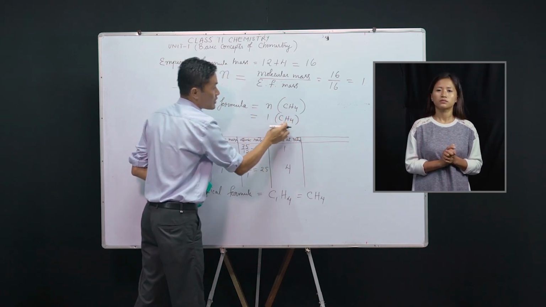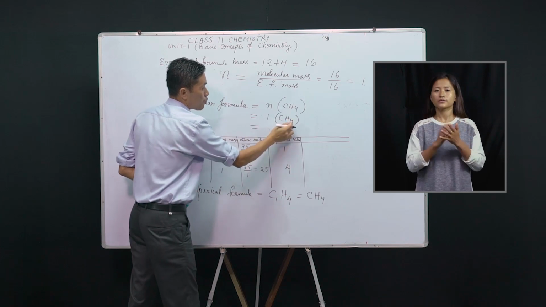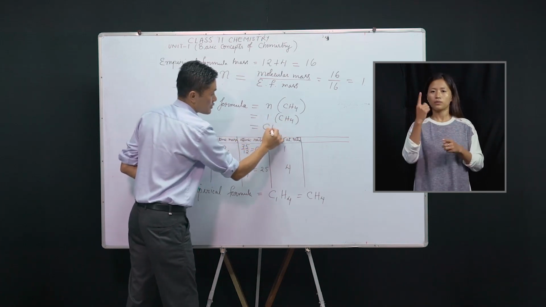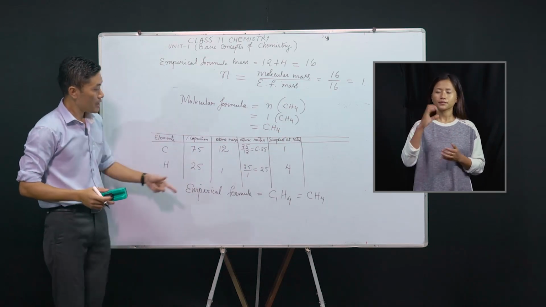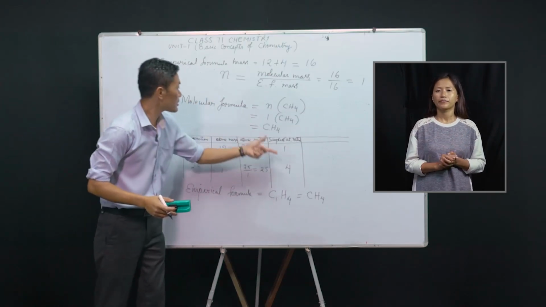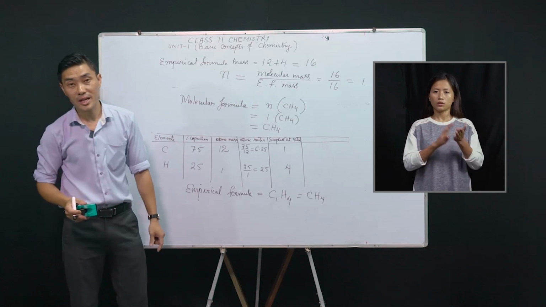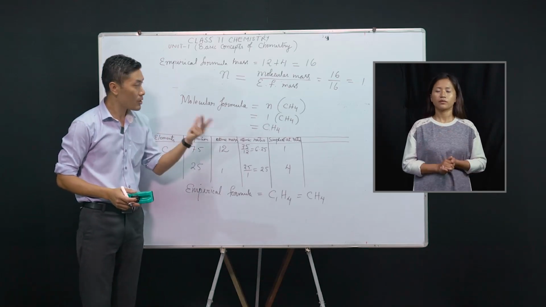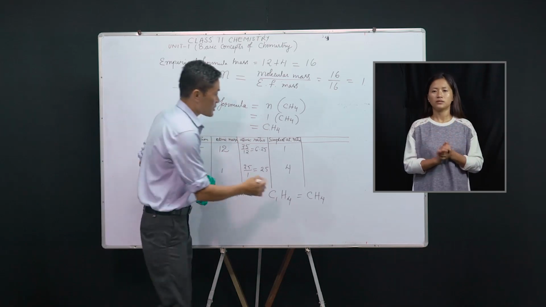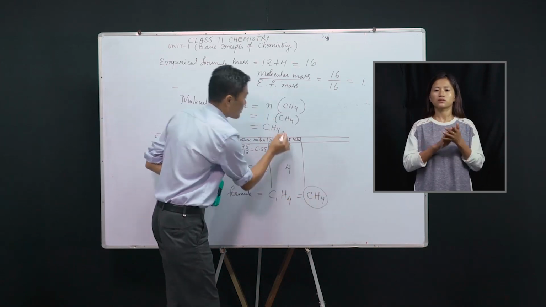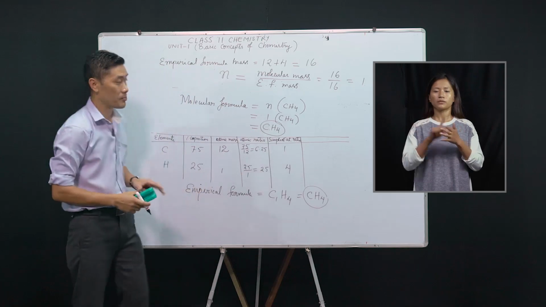The empirical formula is CH4. CH4 multiplied by 1 will give us CH4. So in this compound, the empirical formula and the molecular formula are the same. In other compounds, they may be different. But in this case, the empirical formula and the molecular formula are the same.